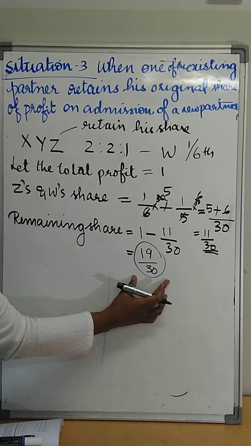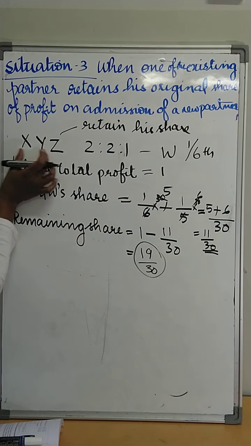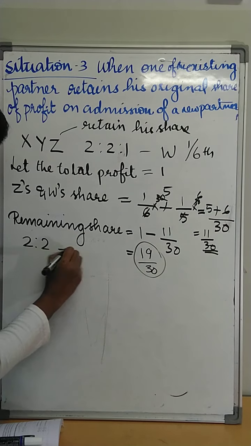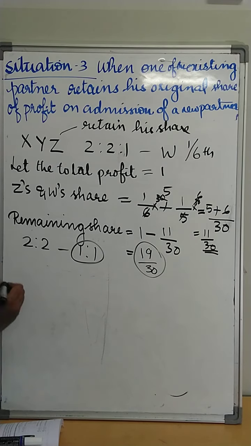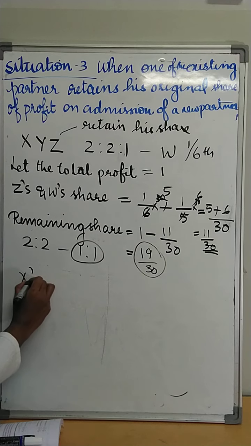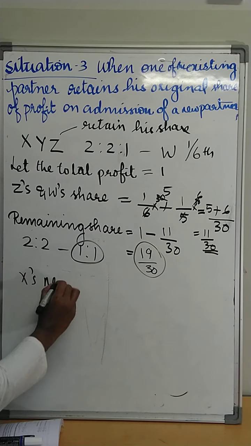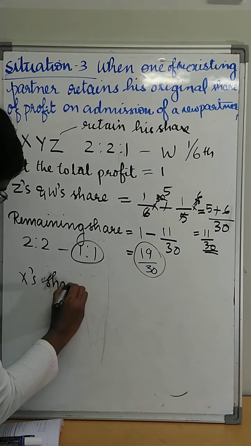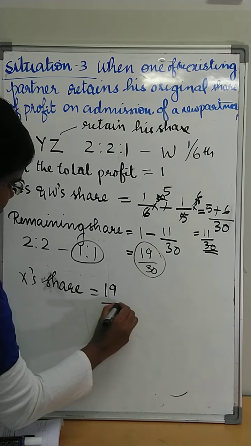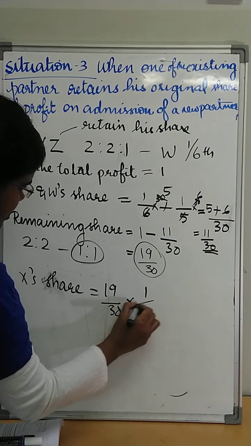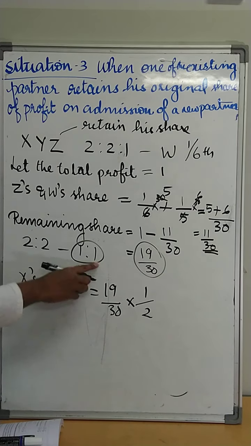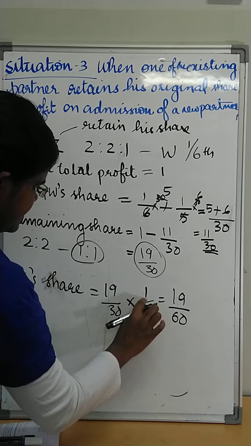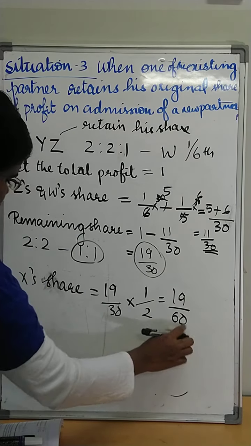This 19/30 I am going to distribute to X and Y in their profit sharing ratio, that is 2:2, that is 1:1. So X's new share will be 19/30 into 1/2, that is 19/60. 19 into 1 is 19, 30 into 2 is 60.